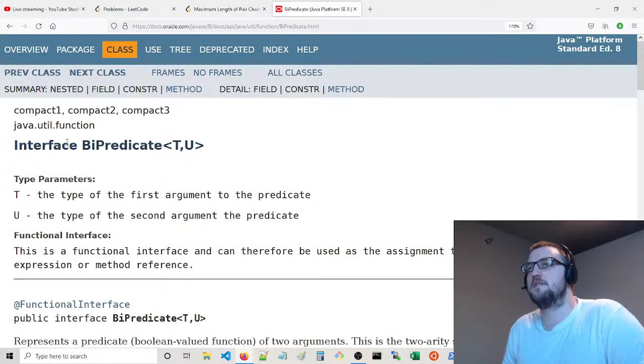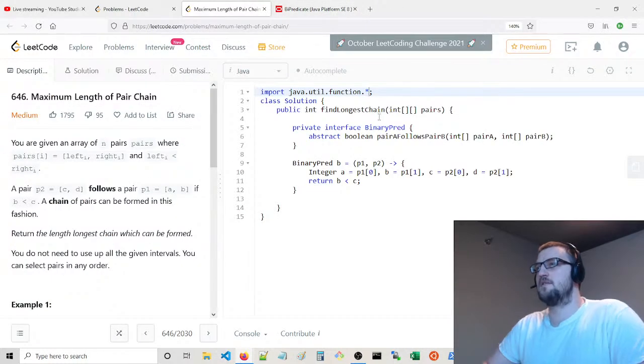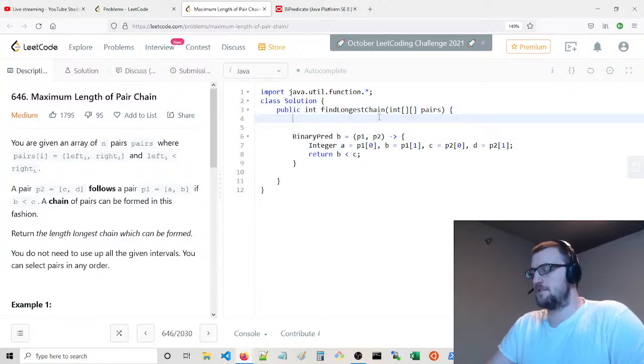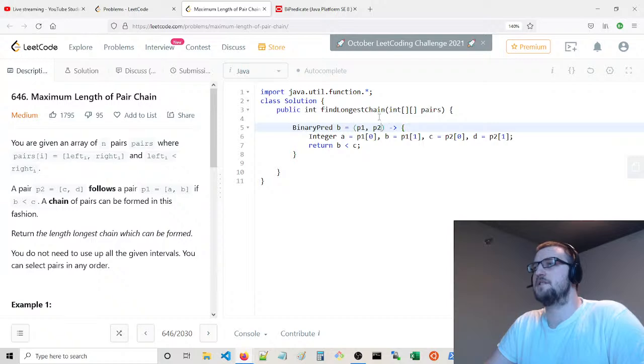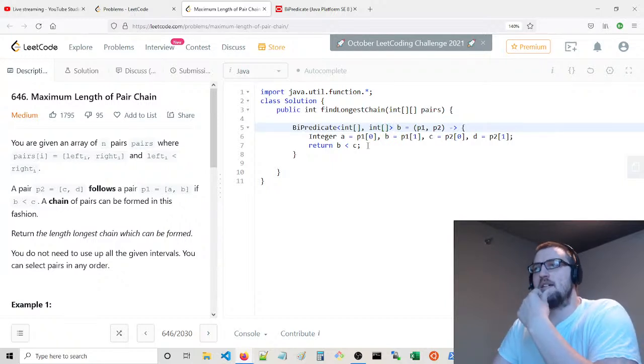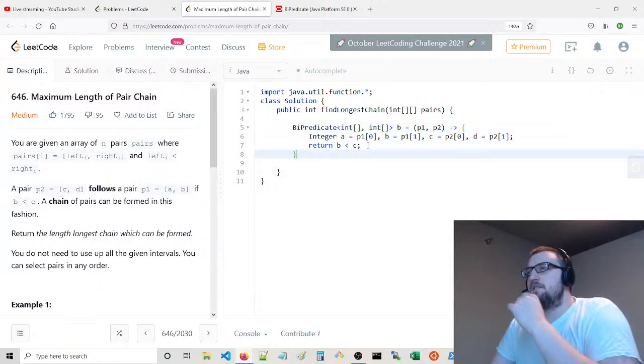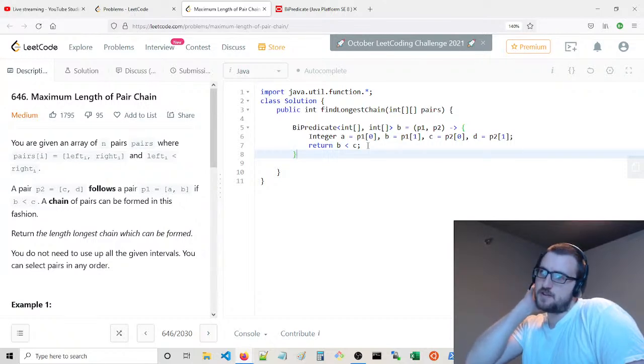Something like this. And then we don't really need this anymore. We can use the generic, so we can use BiPredicate of int. I don't know if generics allow you to do that though. Can we do this?